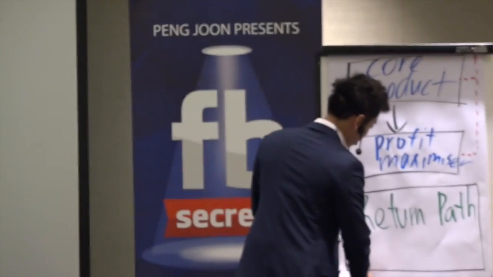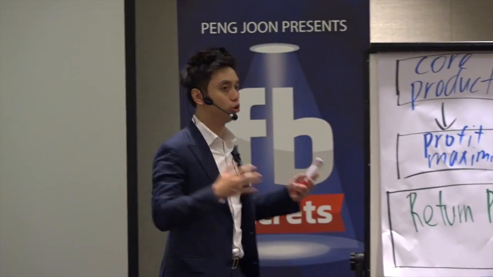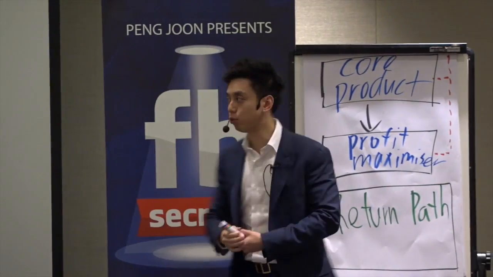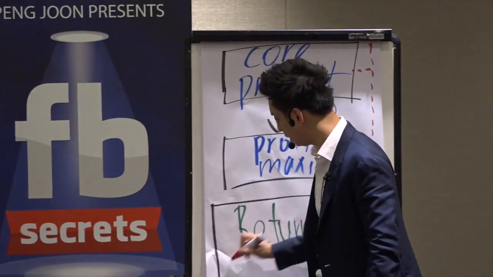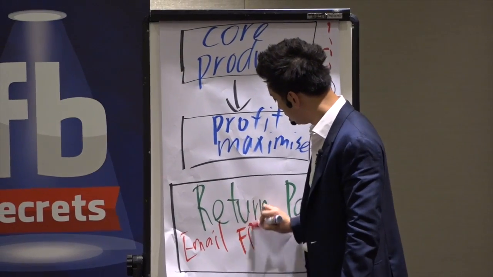So over here, think about what are the different ways you can use to get people to constantly come back to your funnel. Now this could be different ways. This could be email. This could be Facebook.